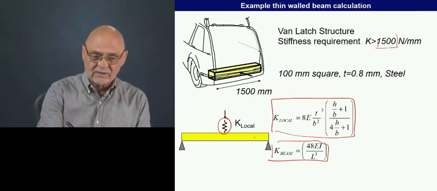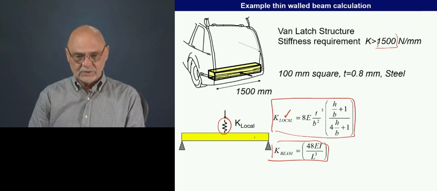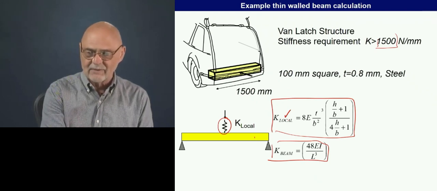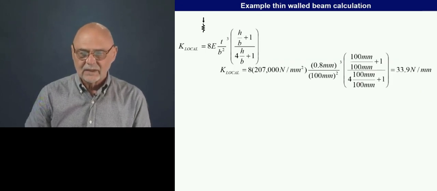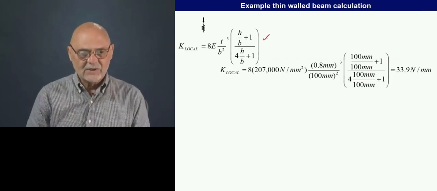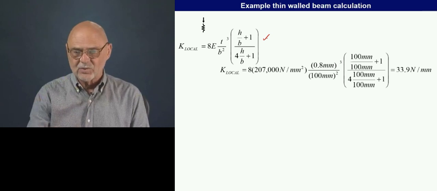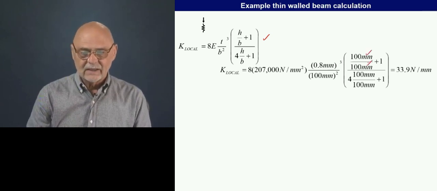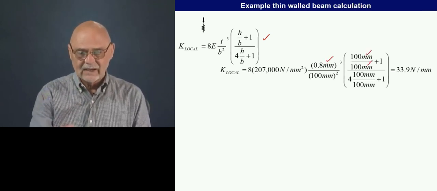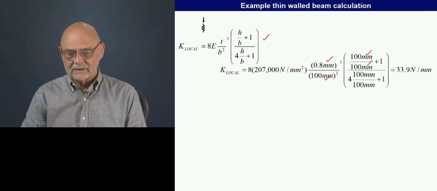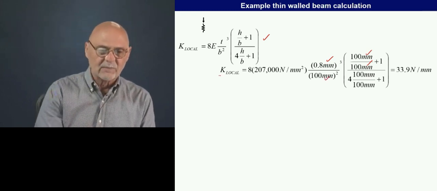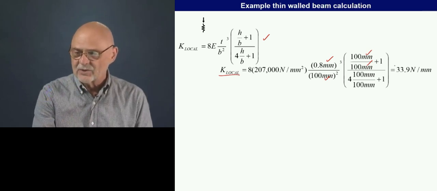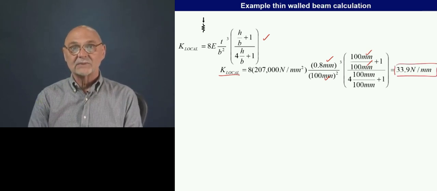So let's calculate how big this is for this case. Remember, we have the dimensions and the materials here. So here's the equation. H and B are both the same in this case. We have a square section. This is the thickness, and this is B, the width of the section. So this local flexibility in this case is 33.9 millimeters.